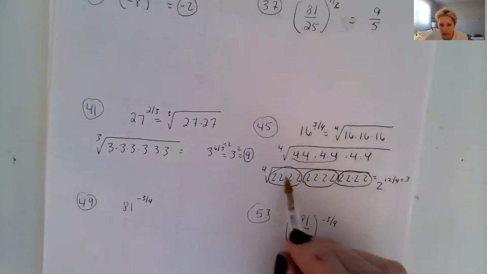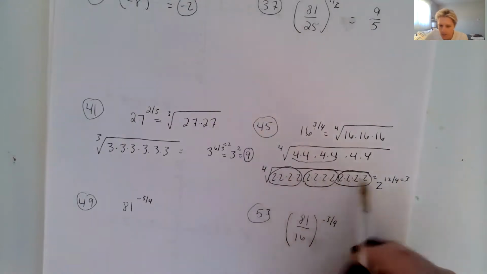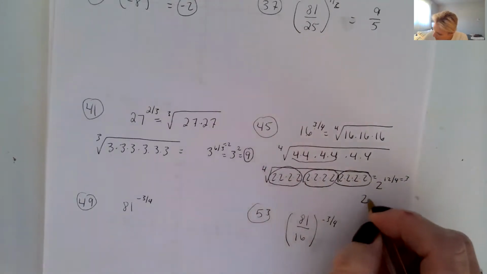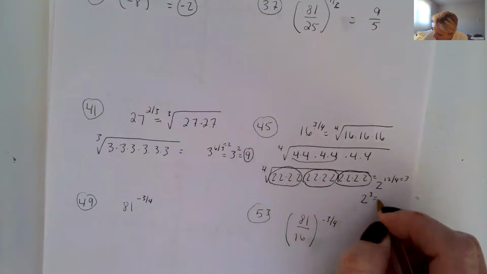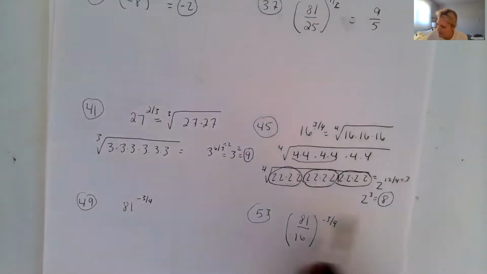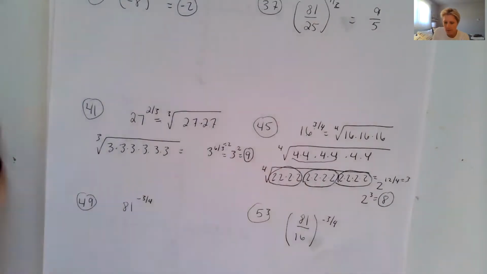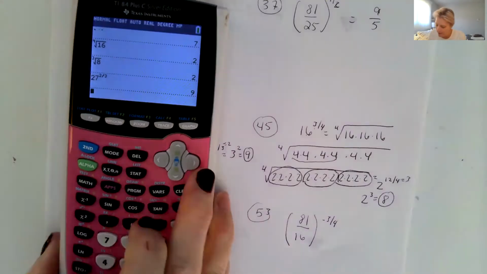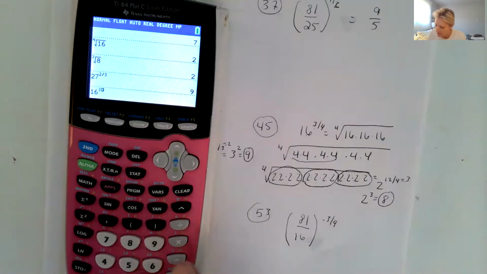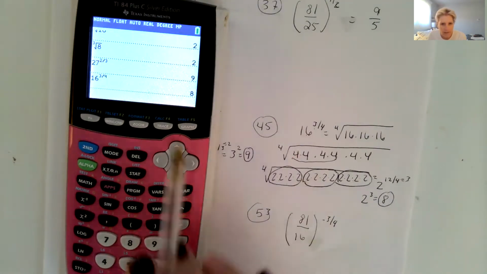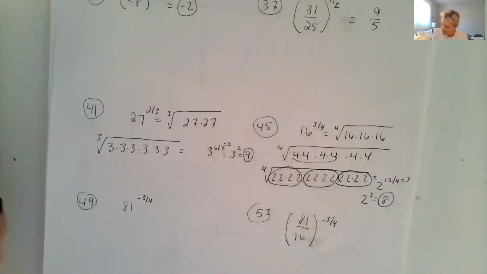The 3 represents I had 3 groups of 2s. So it's 2 to the 3rd or 8. So 16 to the 3/4 could have been done easily right here. 16 to the 3/4 is 8. All that work for that 8.